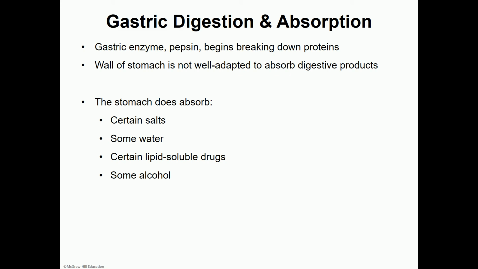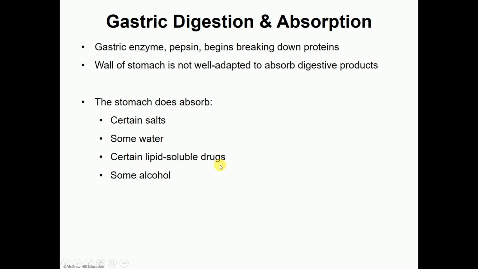We've already learned that carbohydrate digestion starts in the oral cavity. What about absorption? Well, the stomach doesn't really have a big role in absorption. It can absorb some salts, a little bit of water, some lipid-soluble drugs, and medications that we take in. When we talk in terms of drugs, we really do not mean street drugs.